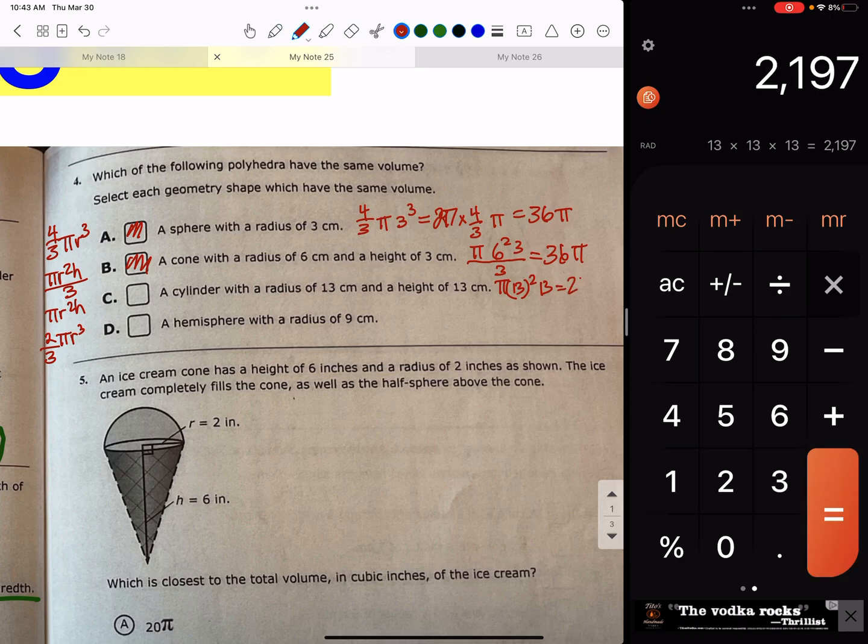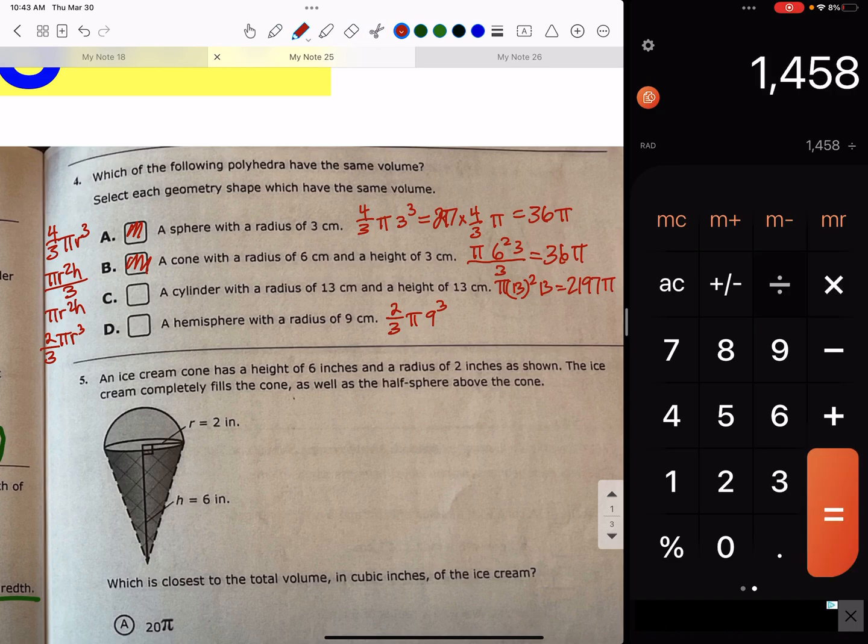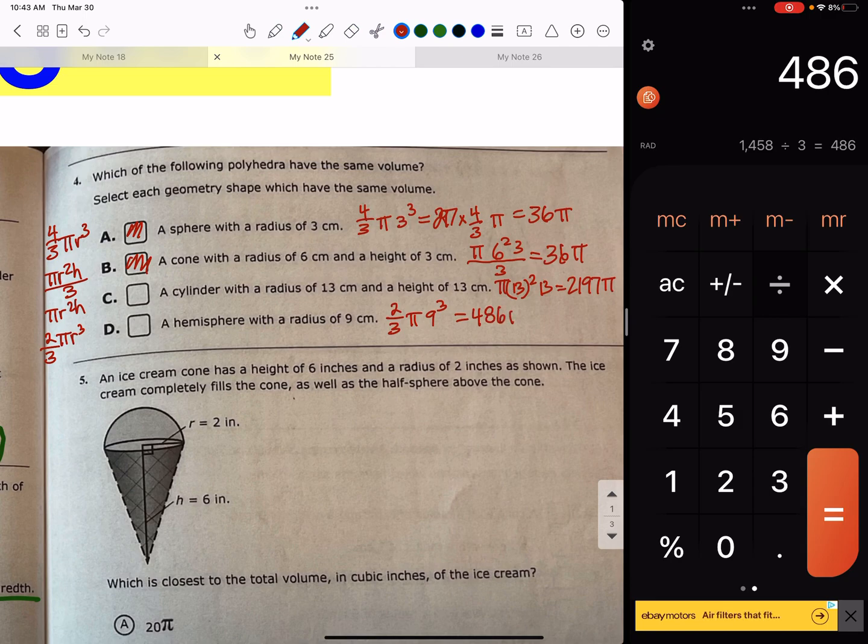This is 2,197 pi. And finally, a hemisphere with radius of 9 centimeters. We got 2/3 pi times 9 to the third power. 9 times 9 times 9 equals, times 2 divided by 3 equals 486 pi. So just A and B.